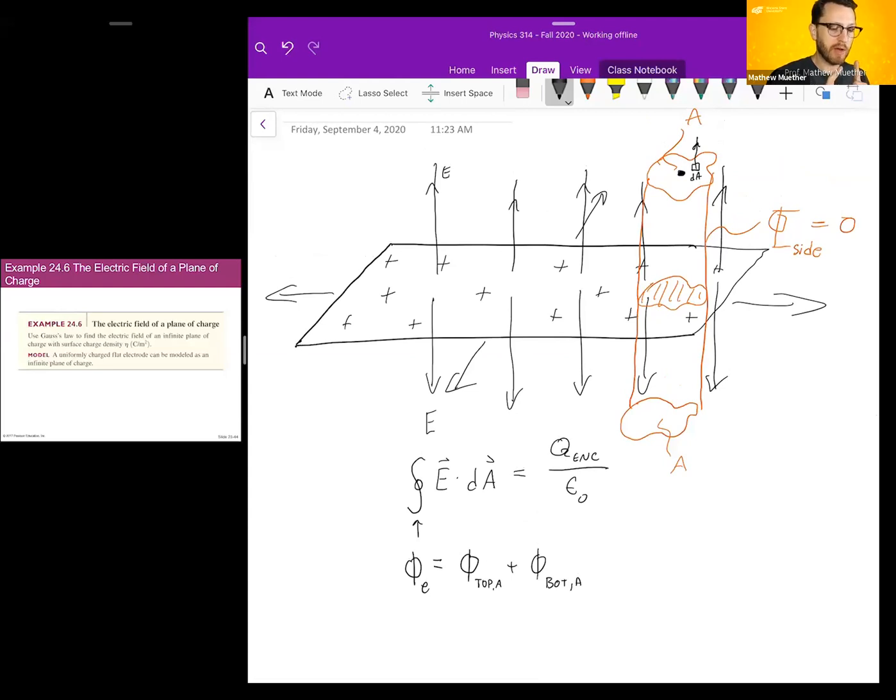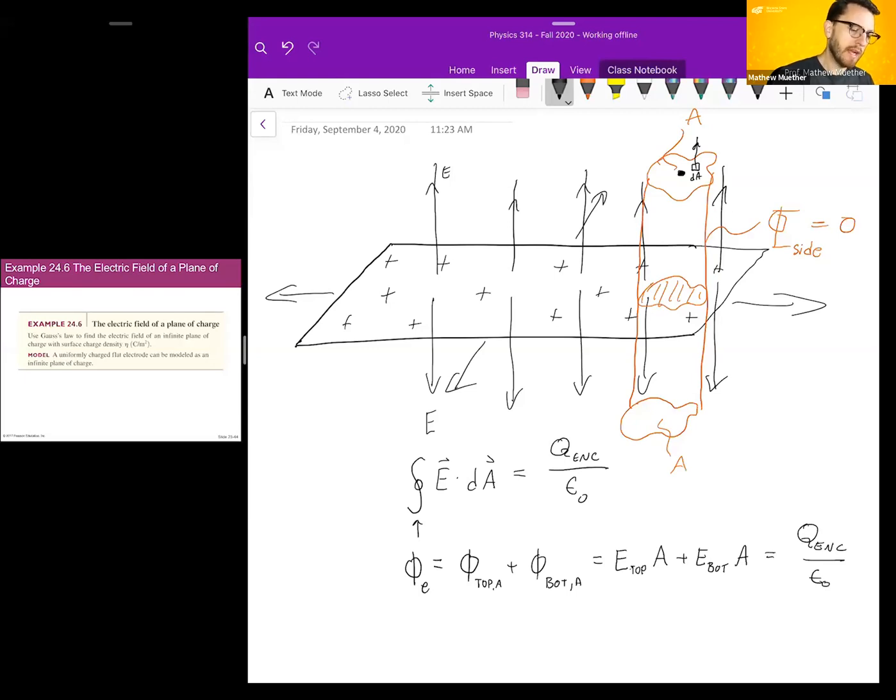So when I do the dot product, I know that I have a constant value for the electric field there because of the symmetry of the problem, and I know that the two fields are aligned. So this thing has to end up being just the electric field at the top times the area at the top plus the electric field at the bottom times the area of the bottom. And all of that has to equal my enclosed charge over epsilon naught.